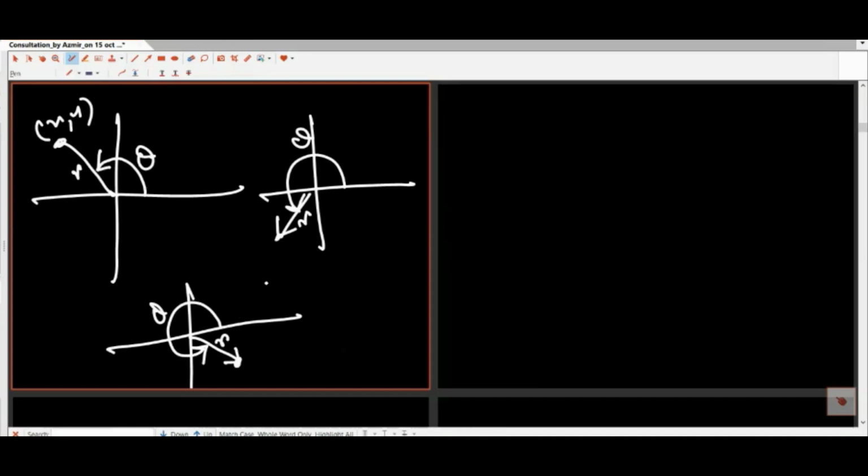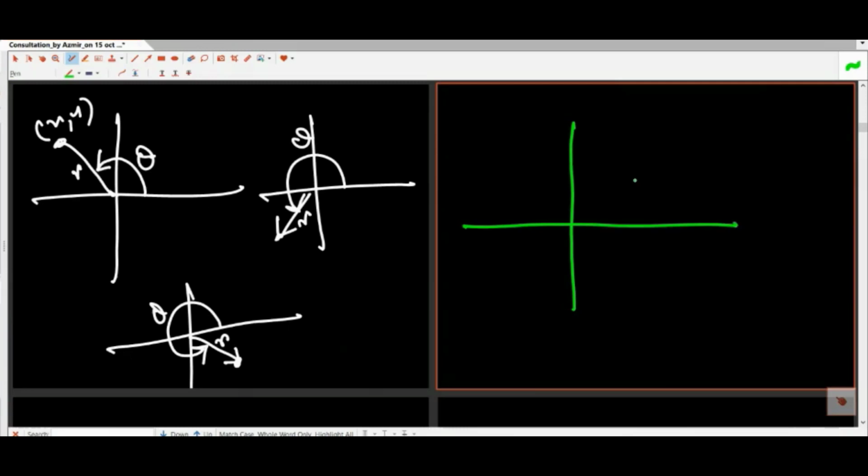Here we can think about another form, that is, suppose we have a point in the first quadrant. We can easily find r, we can easily find theta.